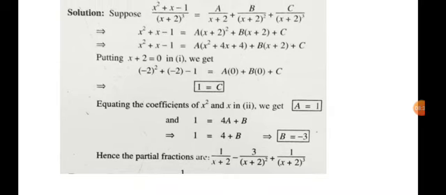So when I solve this equation, I put the value of a, that is 1, so 4 ones are 4, and 1 is equal to 4 plus b, which will give us the value of b.